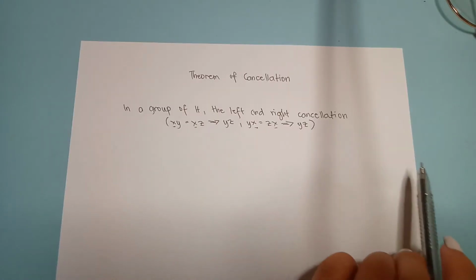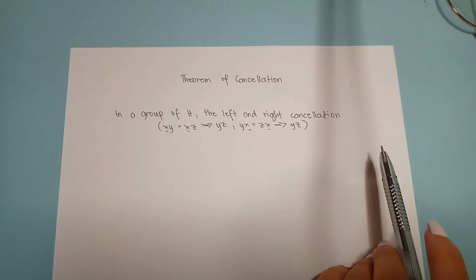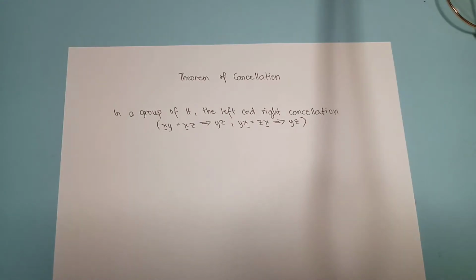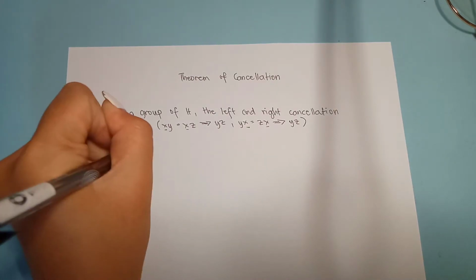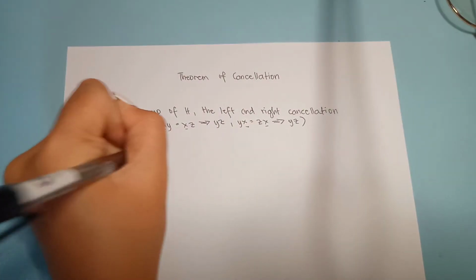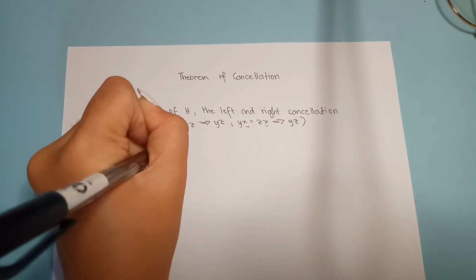So how would you go about proving this? Well, it's not too bad. Let's just take this first equation here. So I've got x times y is equal to x times z.